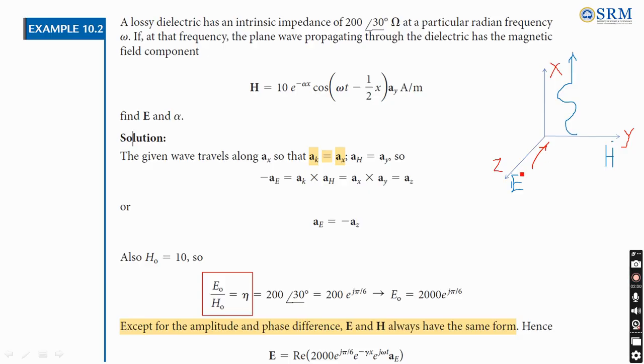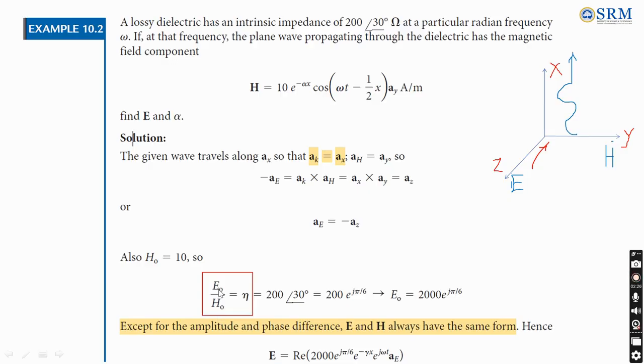Now let us understand how to find the electric field intensity. We need the magnitude. One direction will be different, the magnitude will be different, and there will be a phase shift. That is the difference in the electric and magnetic field equations. We already know the relation: intrinsic impedance is equal to E naught by H naught.